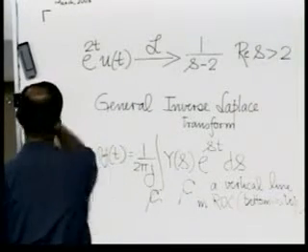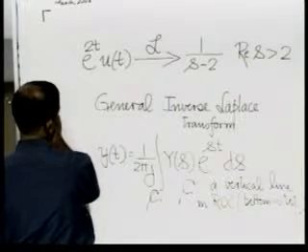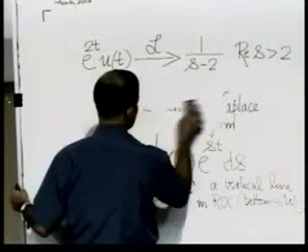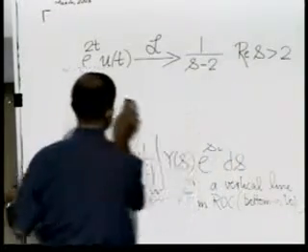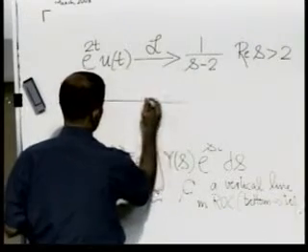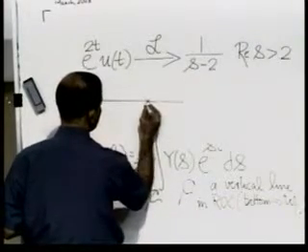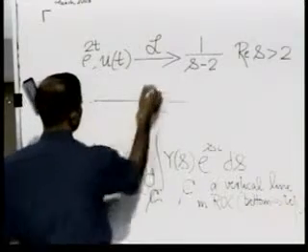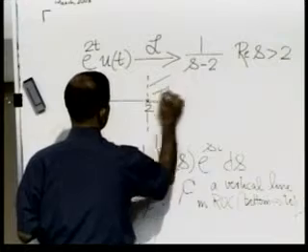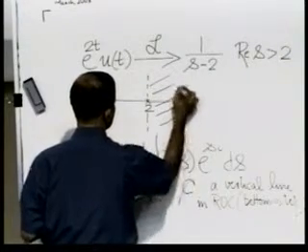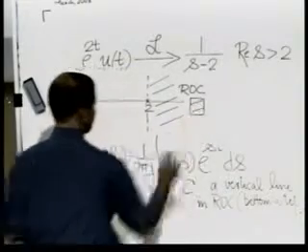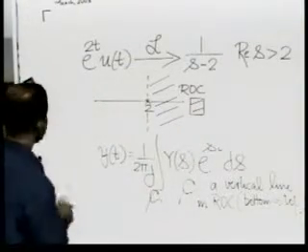Now let's sketch this region of convergence. We have s equal to 2 here, and real part of s greater than 2 is this region. This is the ROC.